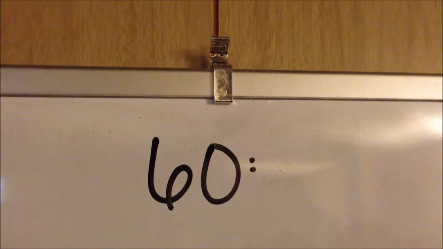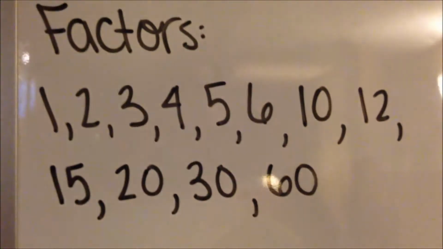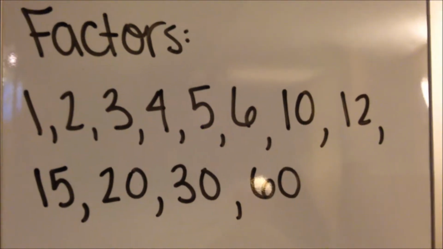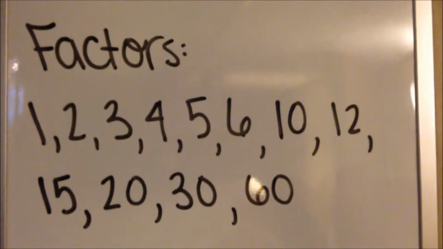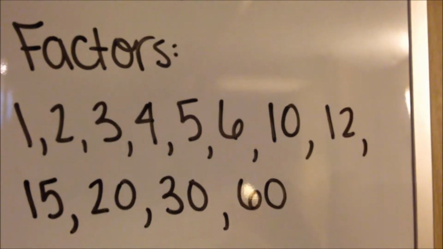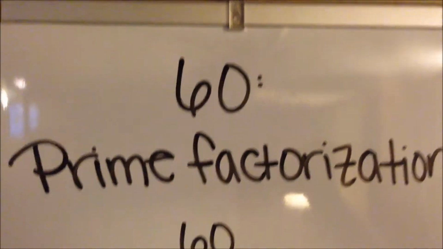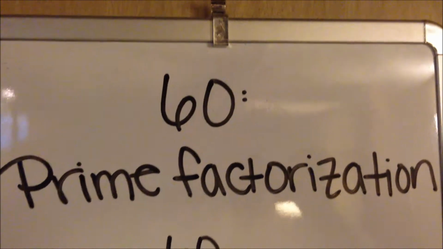Okay, let's talk about the factors of 60. The factors of 60 are 1 and 60, 2 and 30, 3 and 20, 4 and 15, 5 and 12, and 6 and 10.